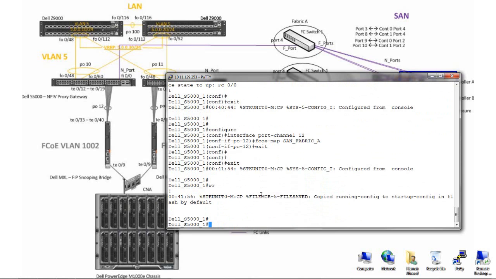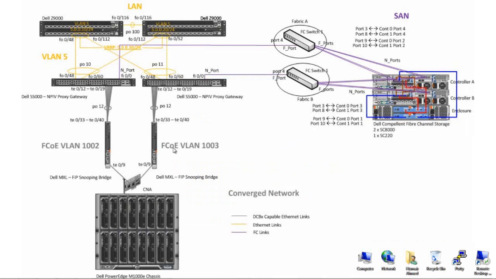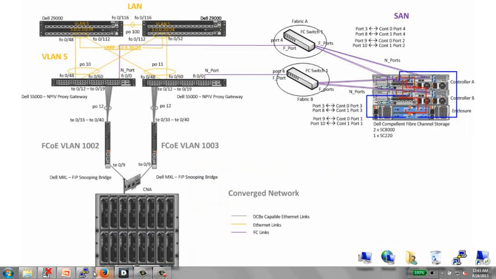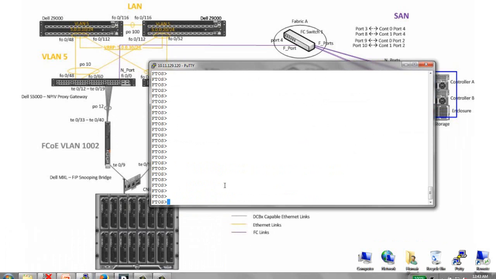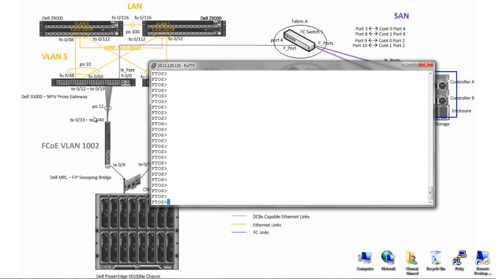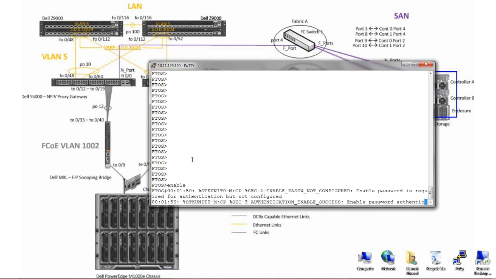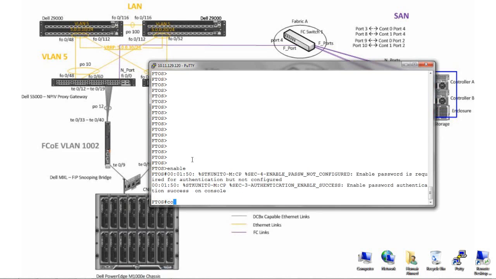Now that the S5000 configuration is complete, let's jump to the MXL blade configuration. The MXL blade switch will be used simply as an FCoE transit switch, passing the converged traffic straight up to the S5000 to handle appropriately. So now I'm on this Dell MXL switch connecting up to the S5000 I just configured. The first thing I'm going to do is set the host name.